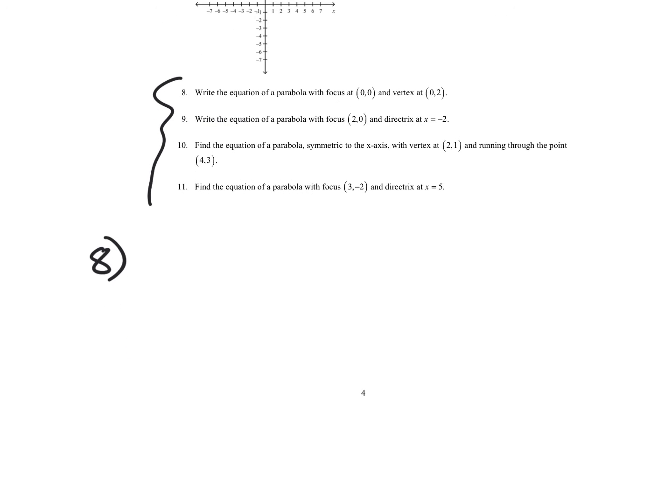Number 8 says, be careful, the focus is at 0, 0, not the vertex. So when I go to graph this, I'm graphing my focus at 0, 0, and then my vertex at 0, 2.